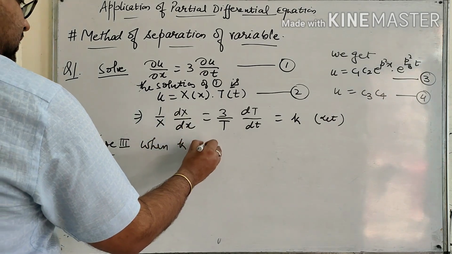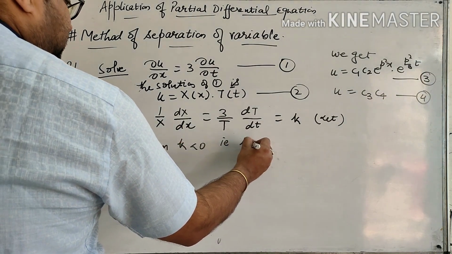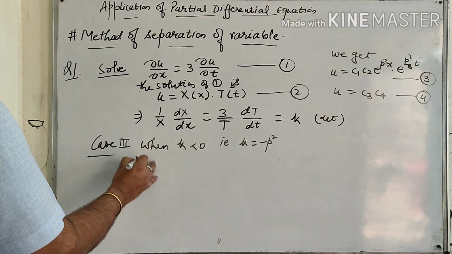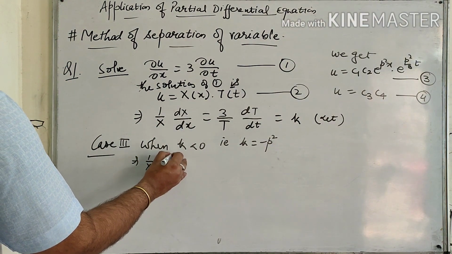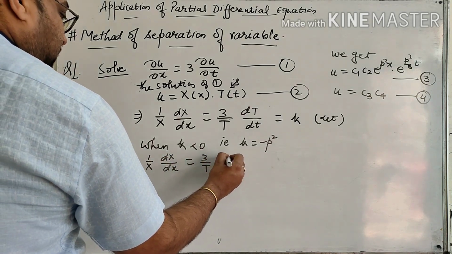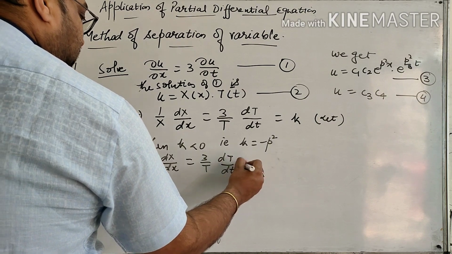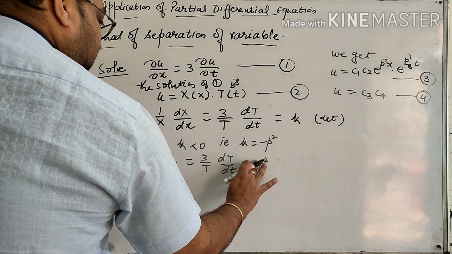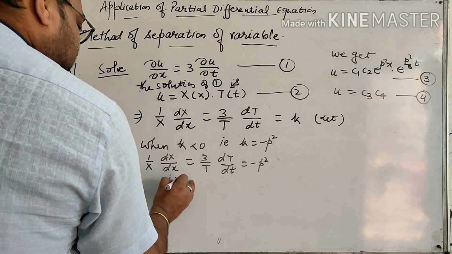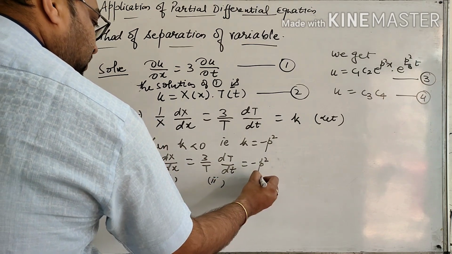Third, when k is less than 0, we can let k equal to minus p square. Then (1/X) dX/dx equals (3/T) dT/dt equals minus p square. So this is first, second and third.